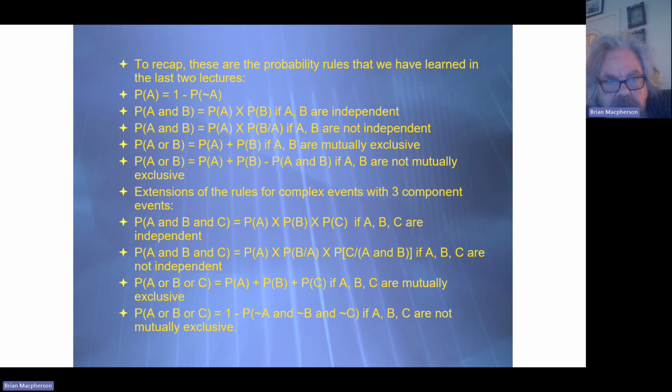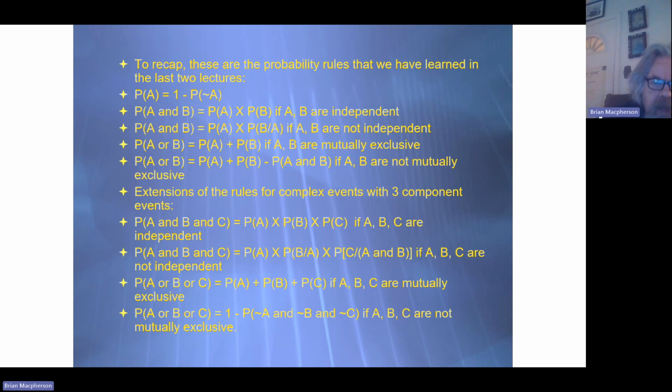So the probability of getting at least one king will be 1 minus the probability of getting no kings on the first, and no kings on the second, and no kings on the third. Okay, so what you have to do then is to subtract from 1 the complement class.